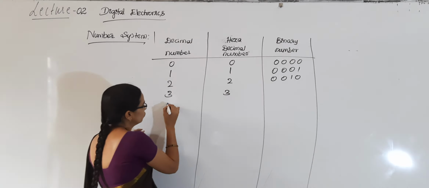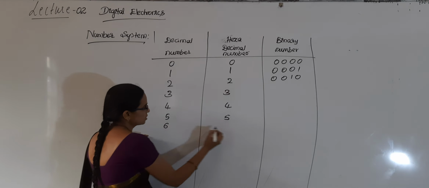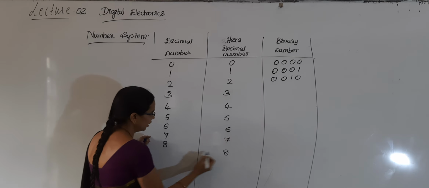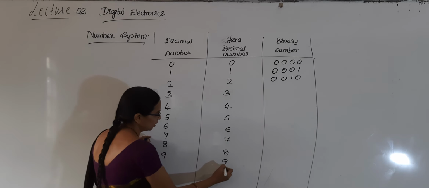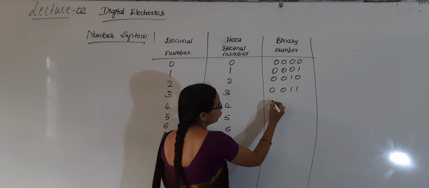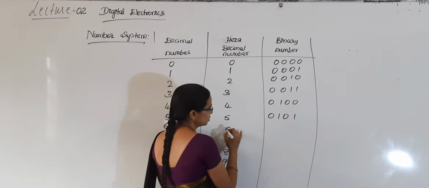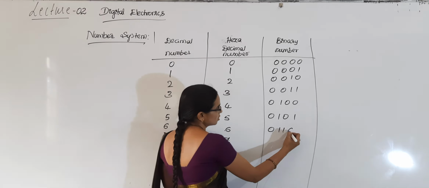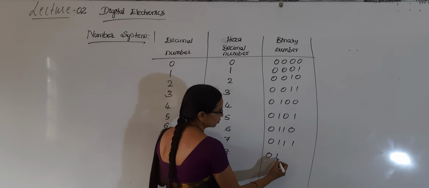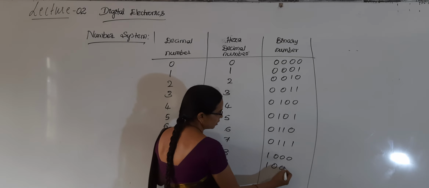3, 4, 5, 6, 7, 8, 9 are the same in hexadecimal. Here for 3 it is 0, 0, 1, 1. For 4 it is 0, 1, 0, 0. For 5 it is 0, 1, 0, 1. For 8 it is 1, 0, 0, 0.